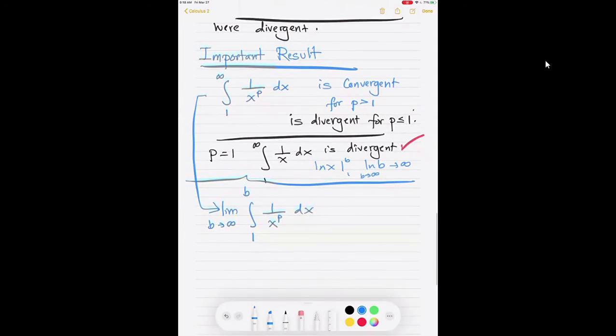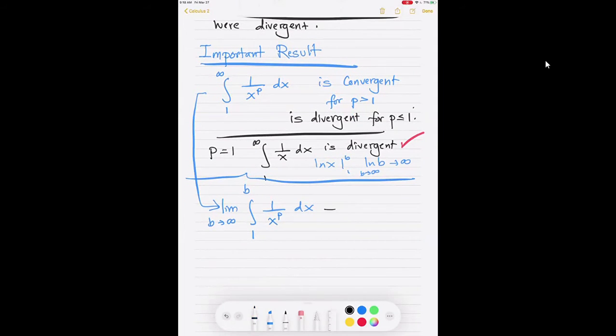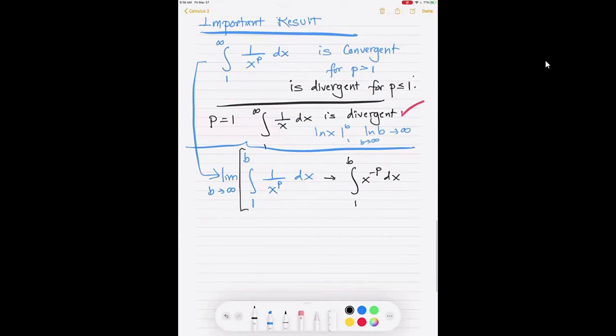No worries. So I'm going to compute this one, not the limit part. I'm just talking about the integral, which is the integral from 1 to b of x to the negative p dx. So this is going to be x to the negative p plus 1 over negative p plus 1, from 1 to b.